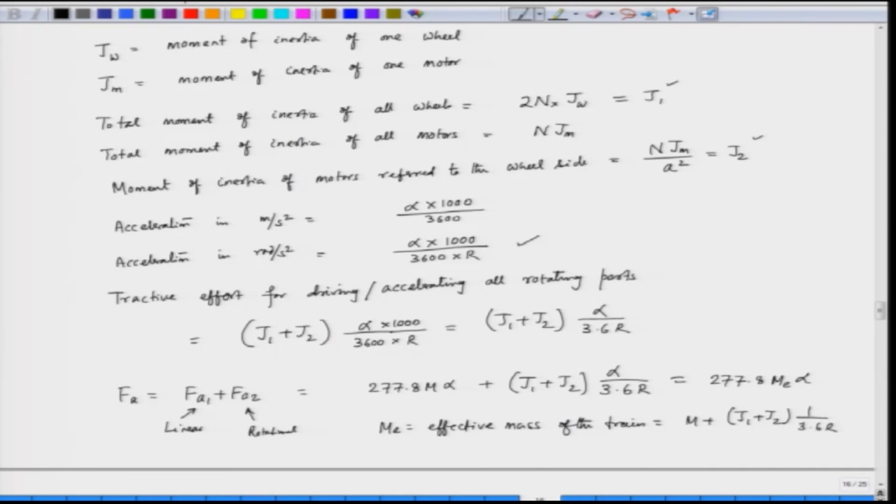Because of the linear acceleration and angular acceleration of the rotating mass, we can find an effective mass which is higher than the actual mass of the train, which can be 10% higher. So, instead of m, we have to take Me here. Me is the effective mass which accounts for both linear and angular acceleration. So, this is for the acceleration of the train, and then we have to have the tractive effort to overcome the gradient.